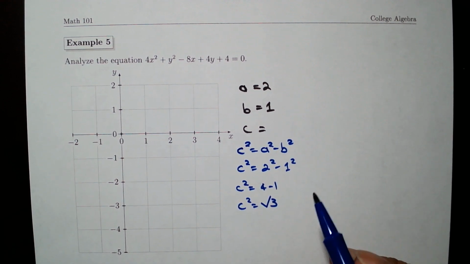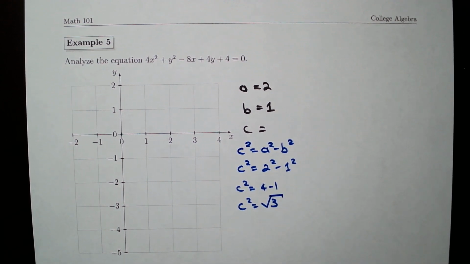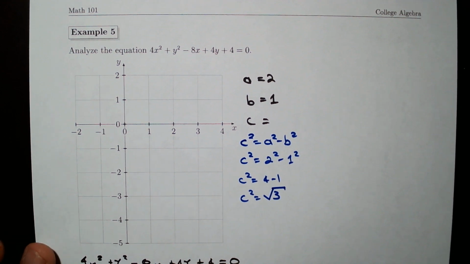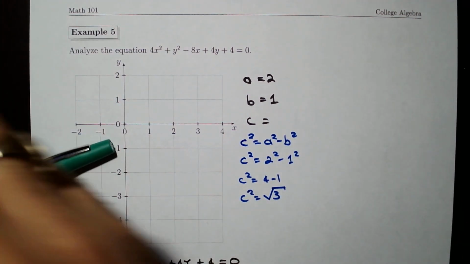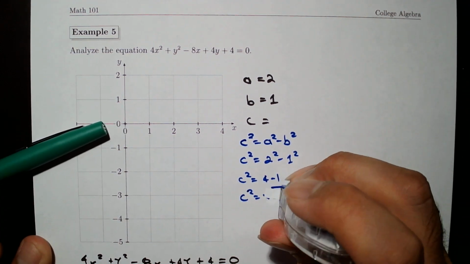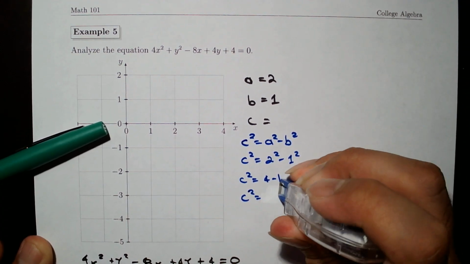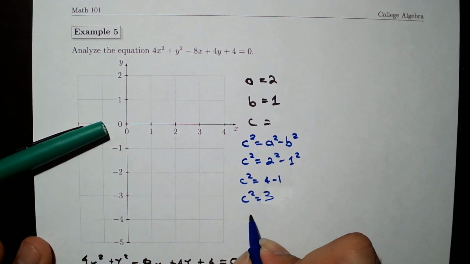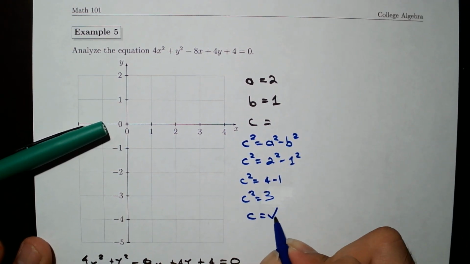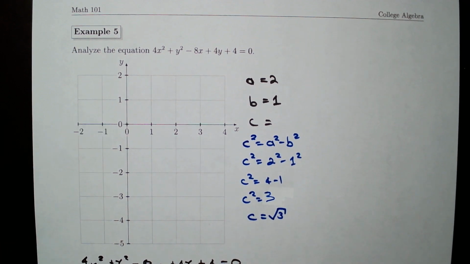Yeah, it's kind of an ugly number here. I shouldn't have added the root symbol yet. Just the number 3. C equals the square root of 3. Never mind. All right.